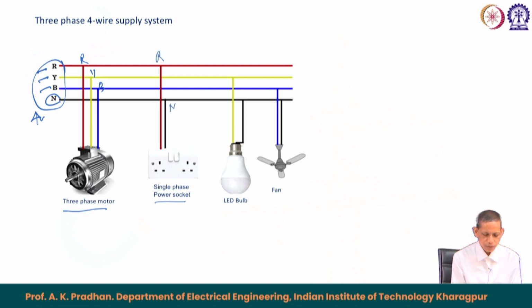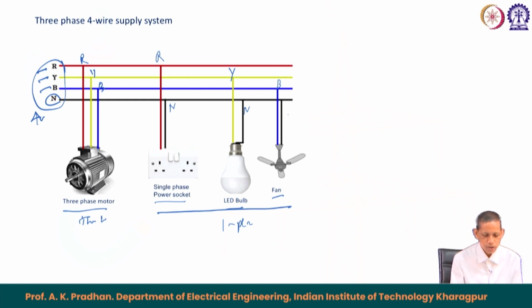This is an LED bulb, connected to the Y phase and to the neutral, and then we have a blue phase load connected to the neutral. So, these are the 3 single phase loads and this is a 3 phase load. The 3 phase load is directly connected to the 3 phases only, with no requirement of neutral. So, this is about the 3 phase 4 wire supply system and how loads are connected.